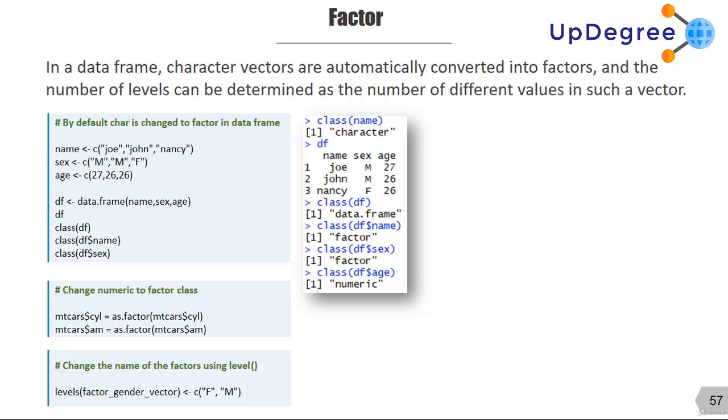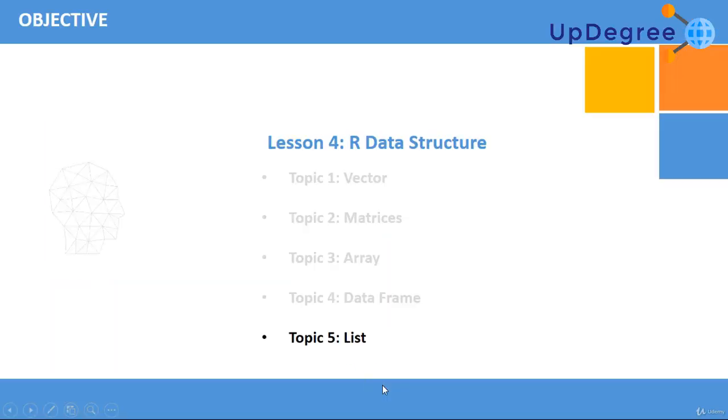But if you don't want that, we can change from anything to anything. Here we discussed how to change anything to factor using as.factor, but later we will learn that if you want to change it to as.numeric or as.character, similar functions can be used. And then we also learned how to change the names of the labels, like we changed from male female to female male to F and M.